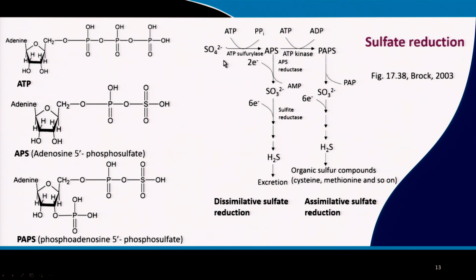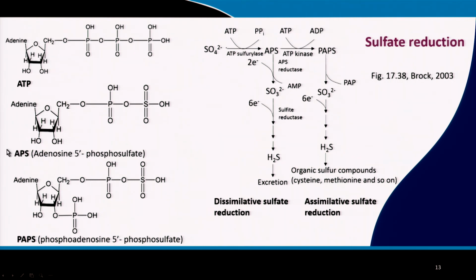Now this H2S is excreted into the environment through the pathway of dissimilative sulfate reduction. There is another possibility, and that is assimilative sulfate reduction. In assimilative sulfate reduction, sulfate again has to donate 8 electrons and give them to hydrogen sulfide. In this case, another compound is formed, and that is phosphoadenosine 5-phosphosulfate. So here you have our ATP molecule.